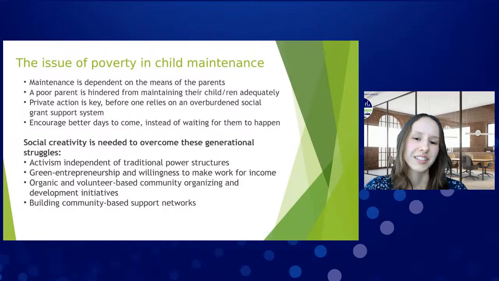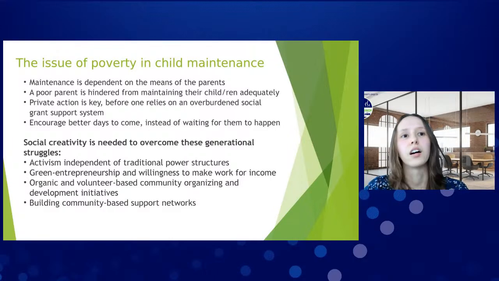So on this slide here, I said that social creativity is needed to overcome these generational struggles. And a few things that I really do feel are important to end this cycle would be activism independent of traditional power structures.